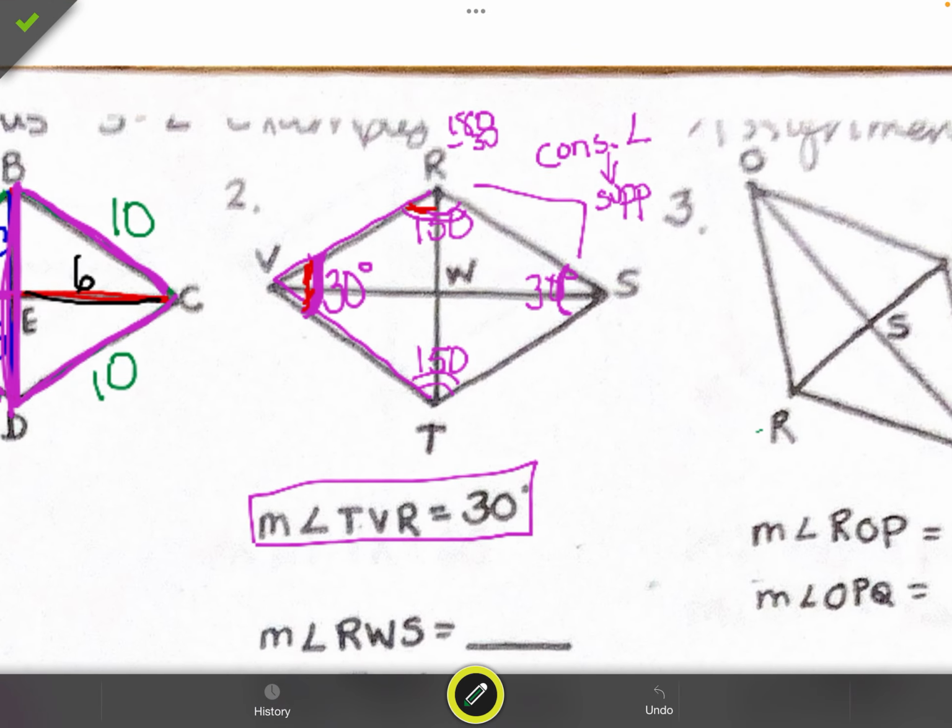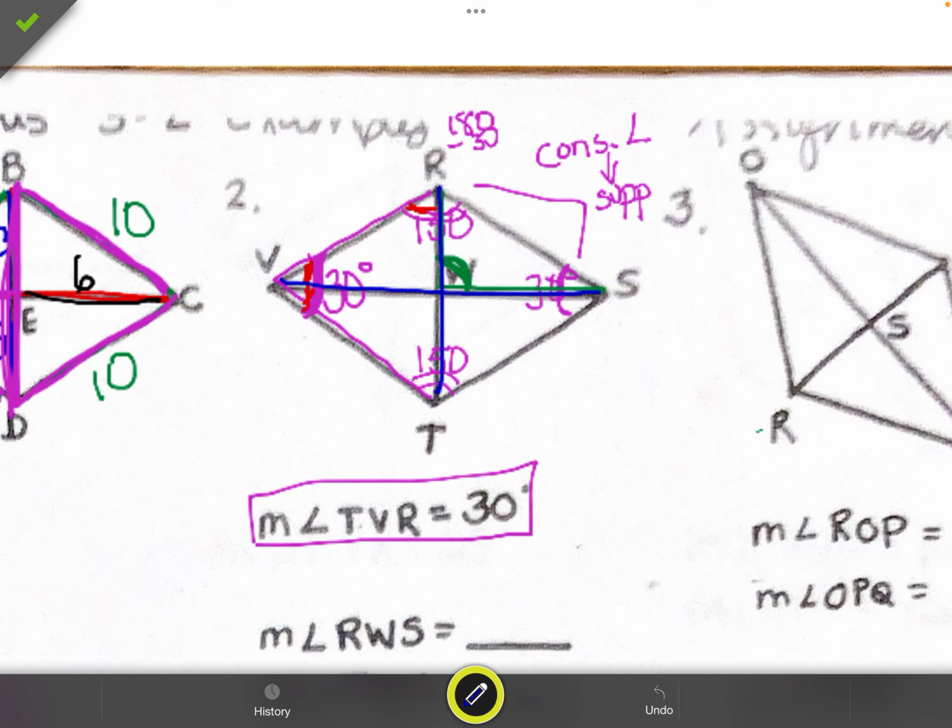So RWS, R down to W over to S, is this angle right here. This is actually going to use one of our new properties that we did not have yesterday. Remember, diagonals bisect each other, but they are also perpendicular, meaning this diagonal, when it intersects this diagonal, makes right angles.